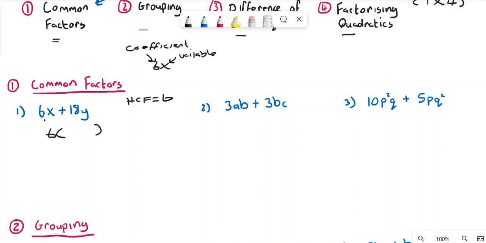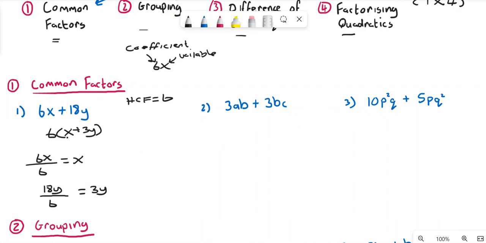Or another way to find out is you can take each of the terms and divide it by 6, or divide it by the highest common factor. So 6x divided by 6 is just going to be equal to x, and you put the x in here. And then if we take 18y, we divide it by the highest common factor, which is 6. That will leave us with 3y. And it's plus 3y, and we put the plus 3y inside here.